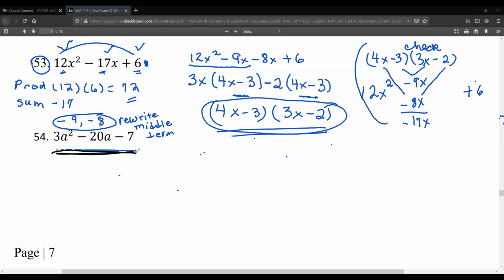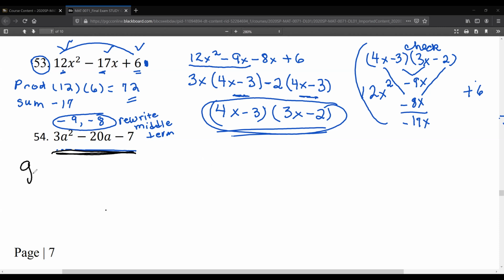We can go through what we did here, multiply your sum and your product, but we can also guess and check, because now that we know how to check, this is another method you can use. So let's guess and check on this 54.